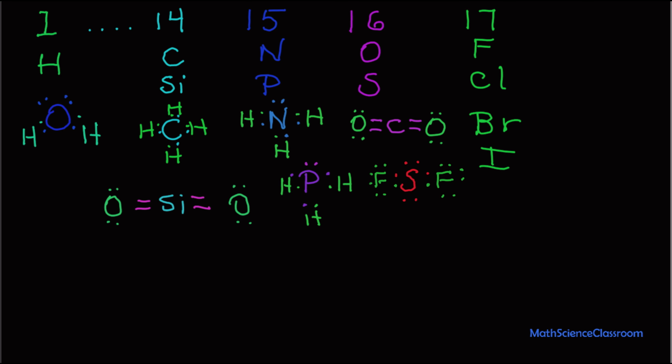Finally, in the halogen group, we have fluorine, chlorine, bromine, and iodine. An example of fluorine would be hydrofluoric acid. So start with the fluorine.